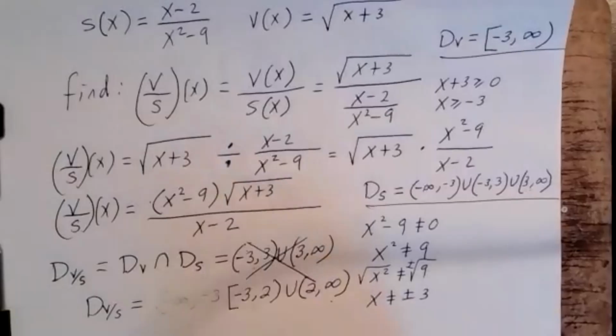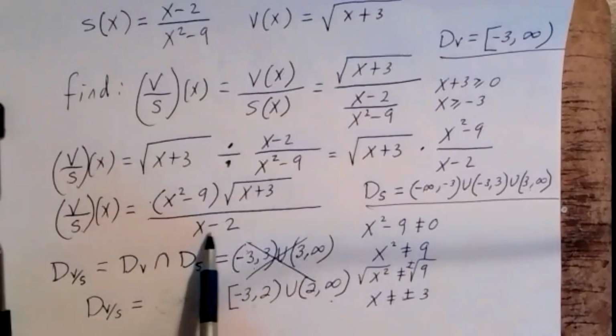Make sense how we reasoned out the domain of that quotient function? So you cannot put any value into the quotient function that is less than -3, and you cannot have 2 in this domain.